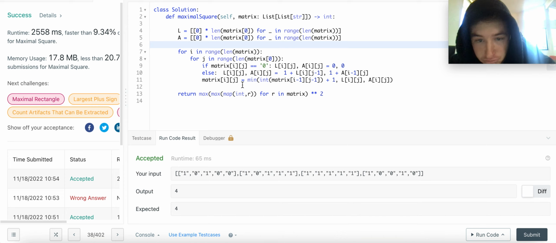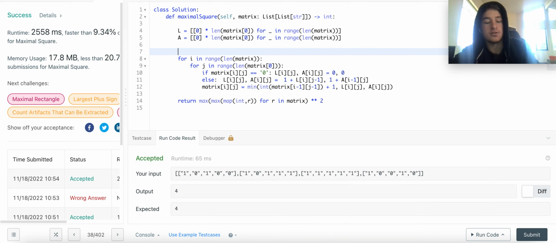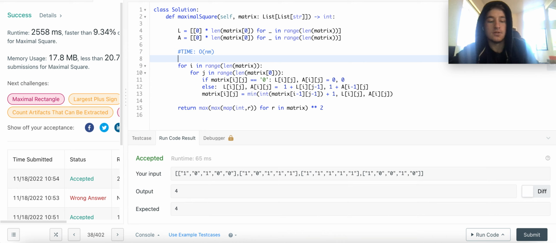So runtime O of n by m. We have to create n by m space for L, n by m space for A. So n times m space. So just to write that down, time complexity is O of nm. Space complexity is big O of nm. All right, there you go.